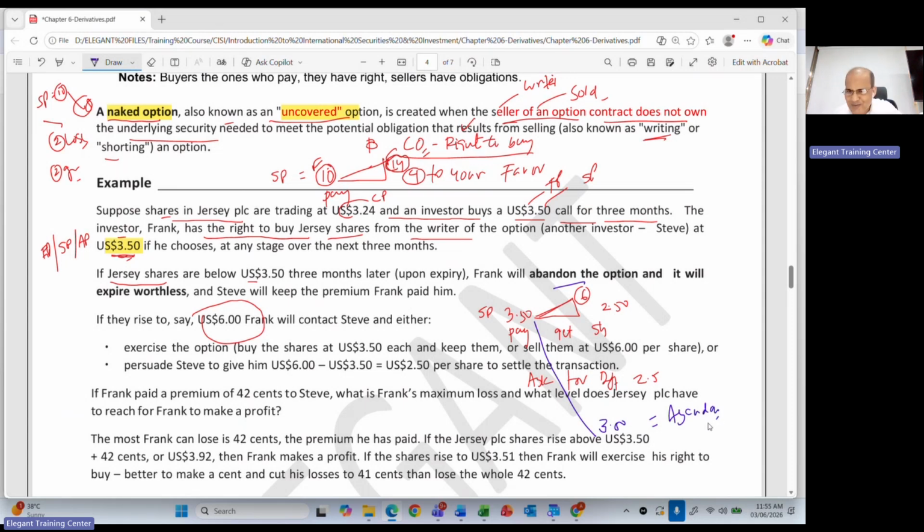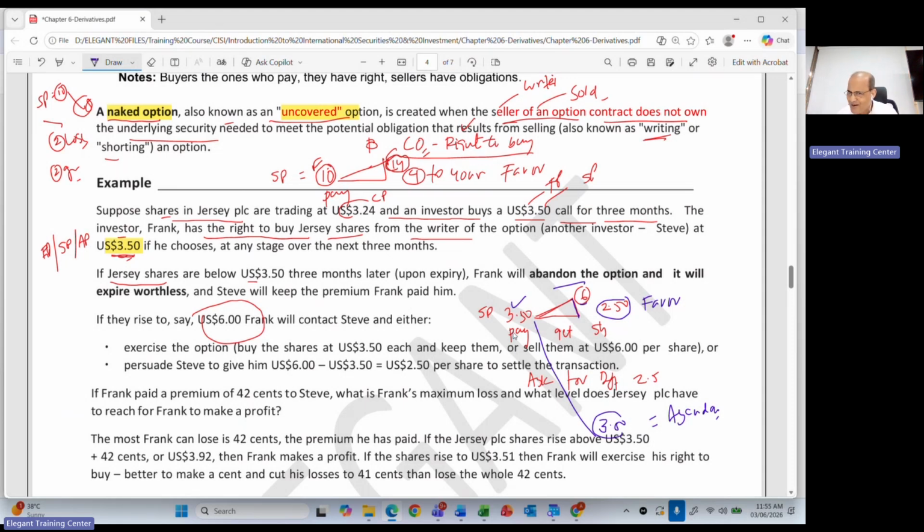You say, I don't want. See, you are not obliged. You have the right to buy, right? If it is to your favor, which was in this scenario, market price was 6, you are getting 2.5. That's to your favor, you can exercise. But if the price has gone against you, it has gone down, why will you pay 3.5 when in the market it is available at 3 dirhams?